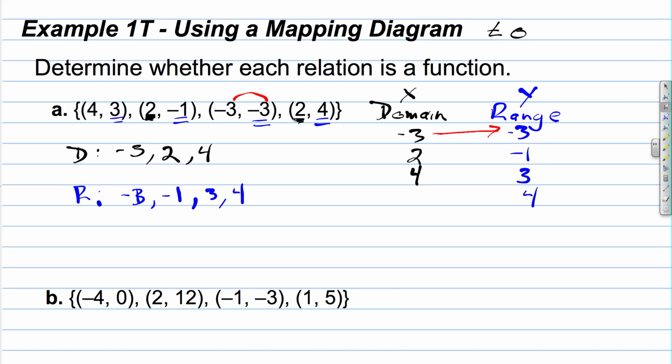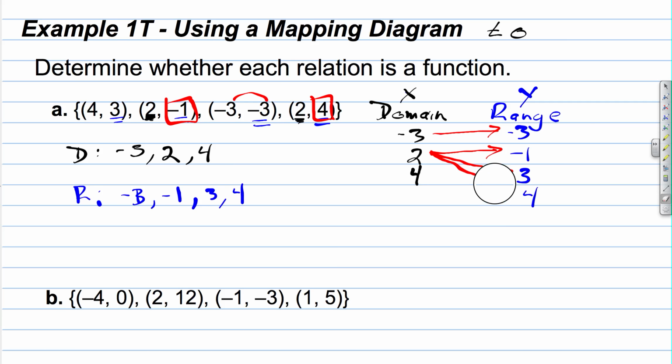2, since it was used twice, was paired with 2 different y values. This is what makes it not a function. Since this domain value of 2, for lack of better terms, has 2 arrows leaving it, that's what makes it not a function. And that arrow should be going down here.